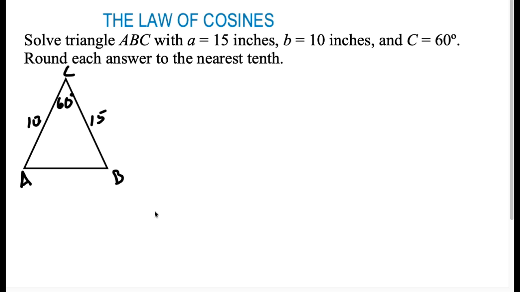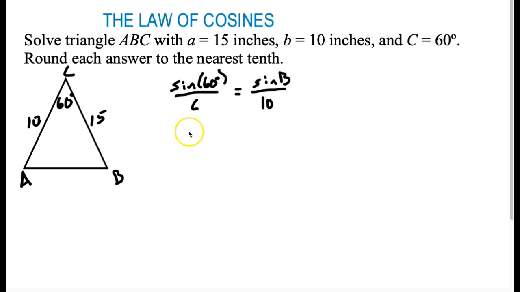Now, the reason that we can't use law of sines to solve something like this is whenever we try to set up a proportion, let's try it. I could start with C. Since I know that angle, I can say the sine of 60 degrees over its opposite side, which we don't know, is equal to, now I could choose either of these, I guess, the sine of B over 10.